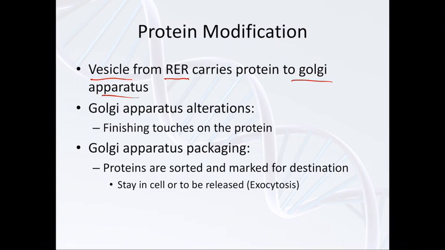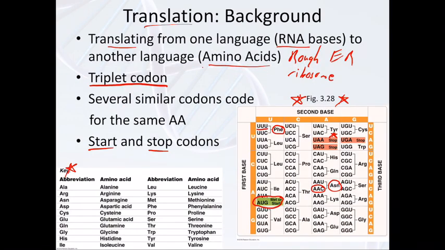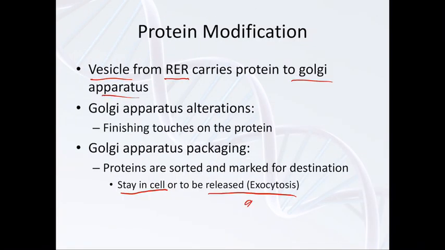Okay, so some proteins are going to stay right in the cell, or they're going to be released via exocytosis. It could be that it's a hormone, like growth hormone, right? That's a protein hormone. When that's made by those cells of the anterior pituitary, it's going to be released out of the cell into the blood, and then it can go do its job, communication.